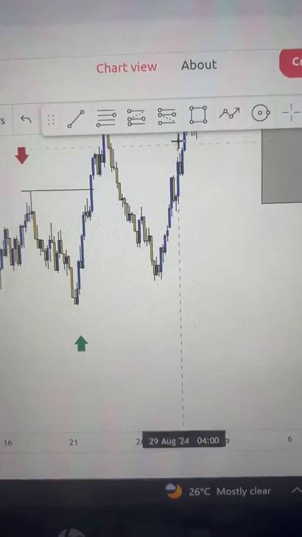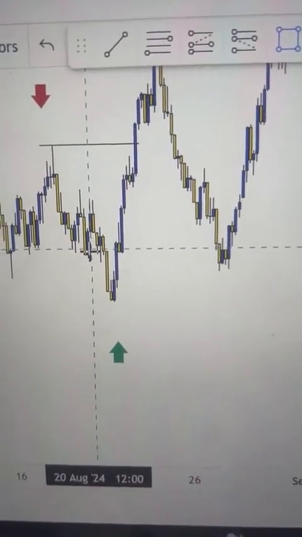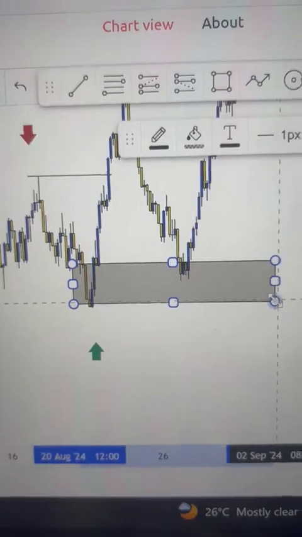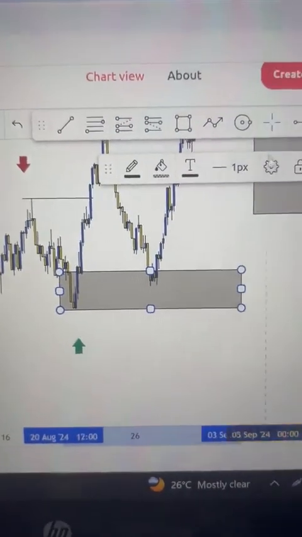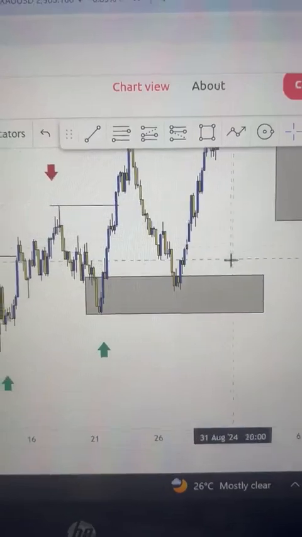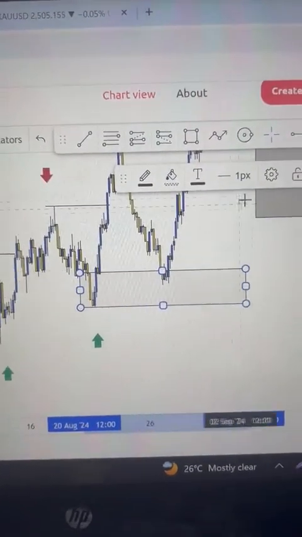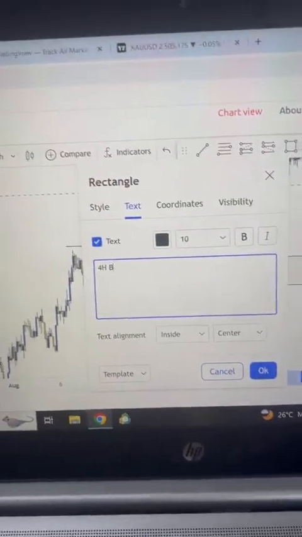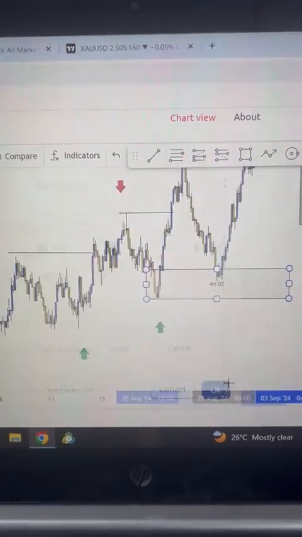Your demand zone can be more than one candle if the demand candle is small. It is permitted. Let me name this the 4-hour demand zone.